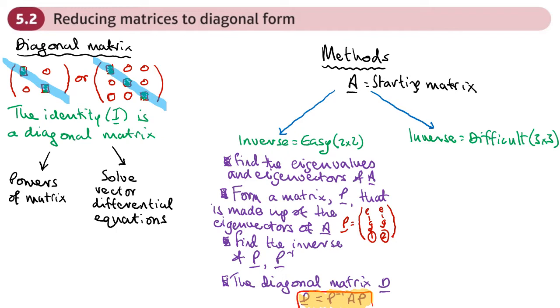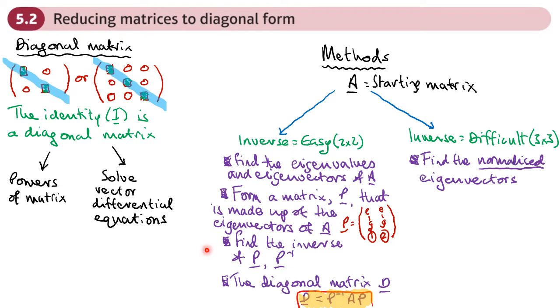Okay, so what if the inverse is not easy to find? What do we do? So the first thing we're going to need to do is find the normalized eigenvectors. Remember, when you normalize something, you divide it by its length, so its length is 1. So you'll have to find the eigenvalues first.